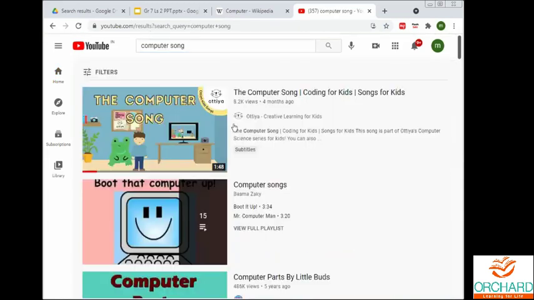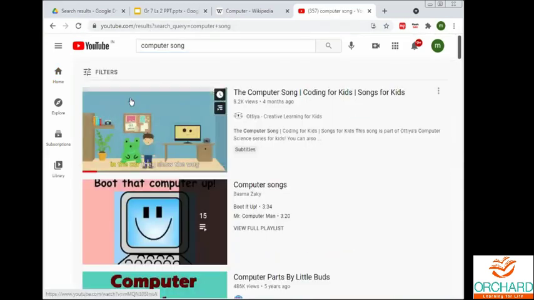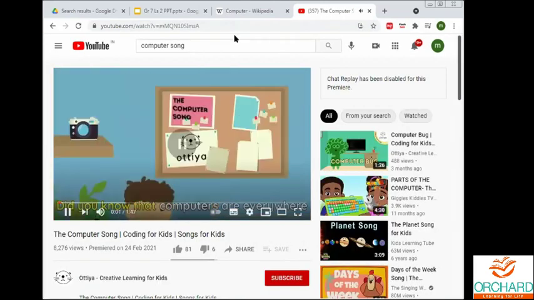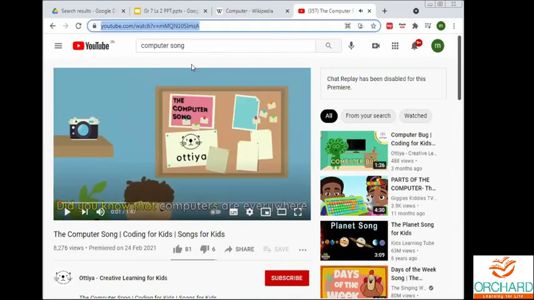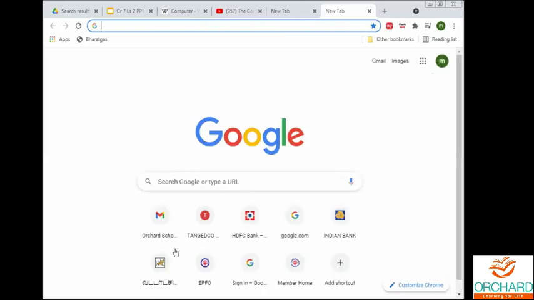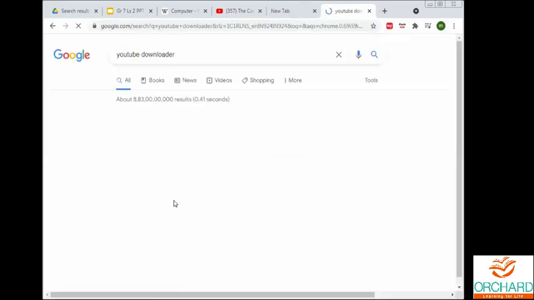Just find your video first. Select that video, go into that video, and copy the link. Open another tab and type YouTube downloader here.